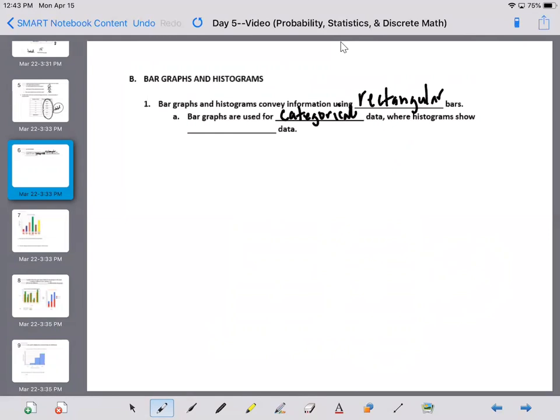If we're talking about a person, or a thing, or an object, and we want to figure out how many or what's the frequency. Histograms show quantitative, or we could even say continuous, data.